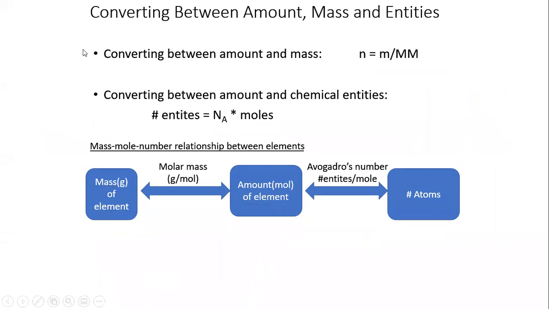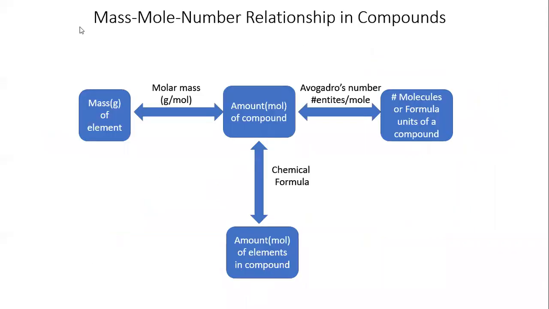Now let's look at some more examples. Here I just want to show you how it can change with compounds. I forgot to change a few things, but this should say compound. And you can disregard the bottom here. We're not going to discuss that today.